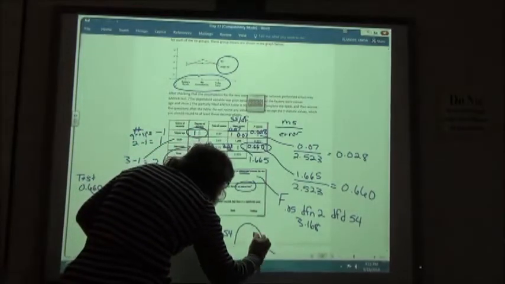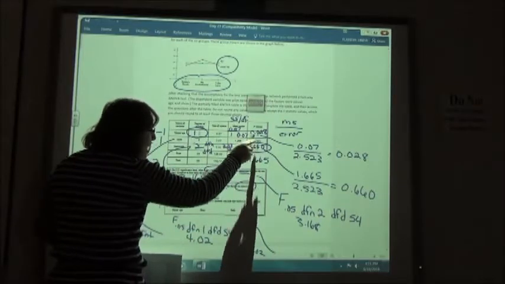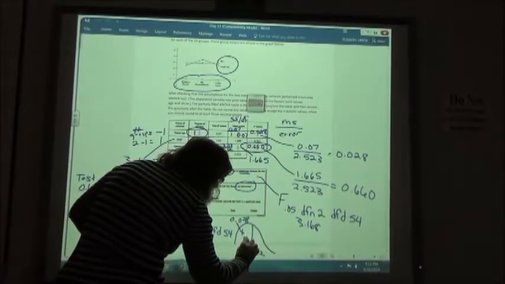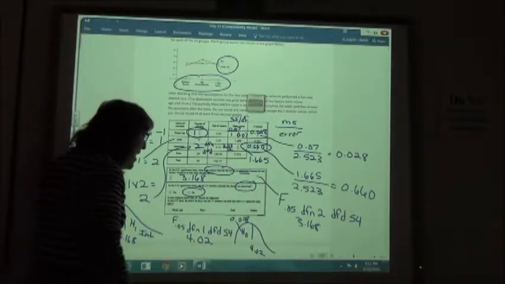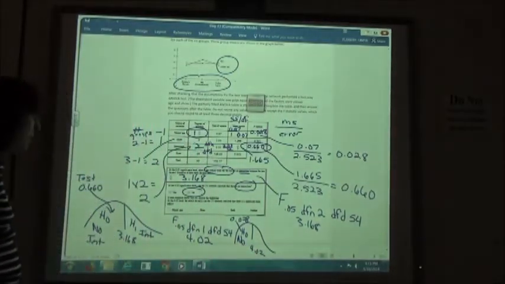Again, if my critical value is 4.02 and my test value is 0.028, that test value is going to fall in the smaller area. So in this case, we're going to say, nope, there's no interaction there.